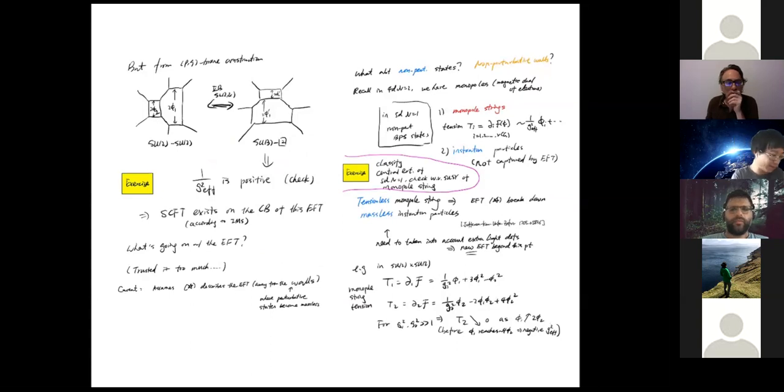Those could give rise to additional constraints on where the validity of the effective theory ends, coming from what you can think of as non-perturbative walls where non-perturbative particles become massless.